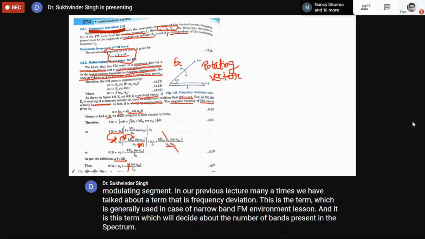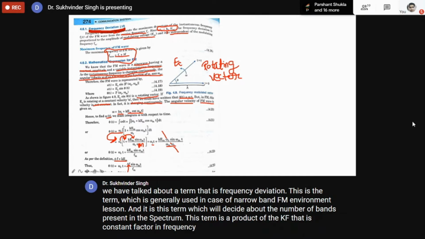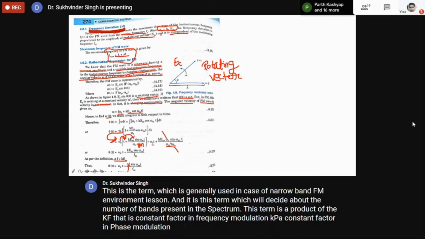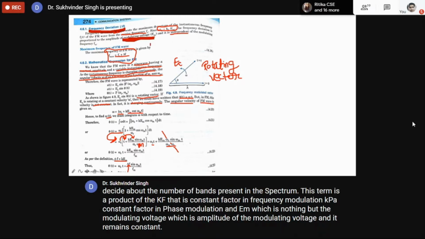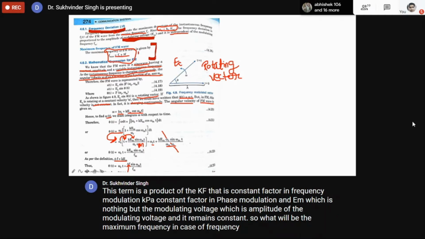It is a product of Kf, the constant factor in frequency modulation, Kp, the constant factor in phase modulation, and Em, which is the amplitude of the modulating voltage, and it remains constant.